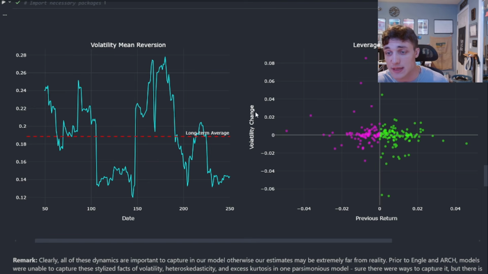It's an anecdotal example, but it still exhibits the leverage effect. The decrease in volatility from positive returns is less than the increase in terms of magnitude from negative returns, and that is the so-called leverage effect. So two stylized facts visualized for you here. Clearly all are very important, and our model should capture in a parsimonious way as many of these as possible.